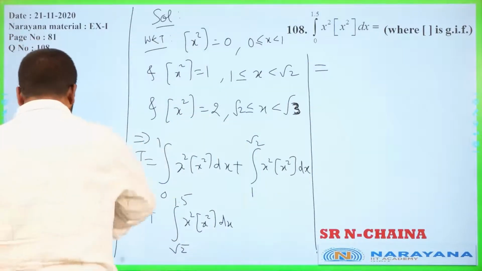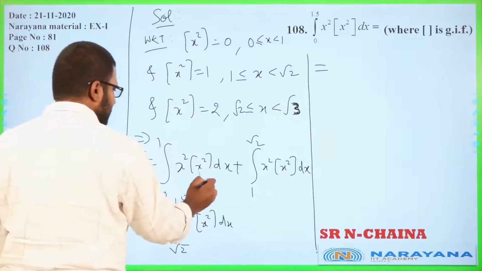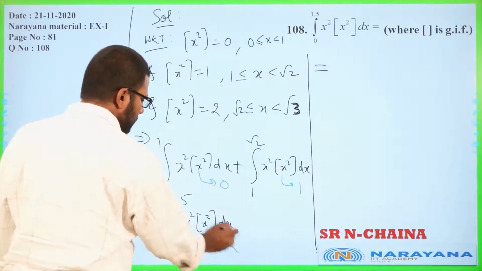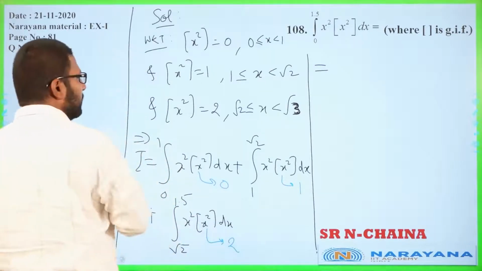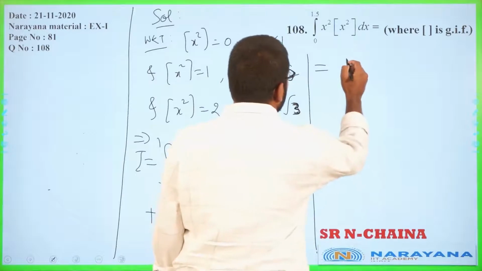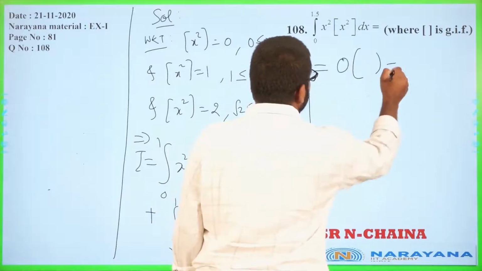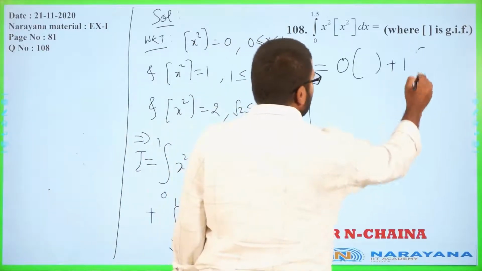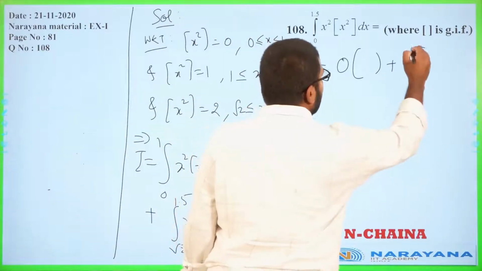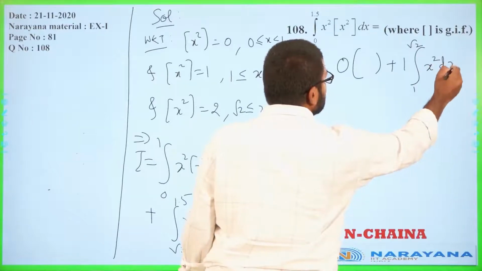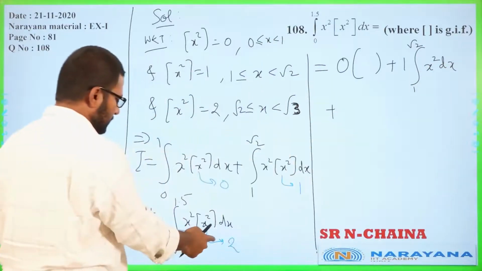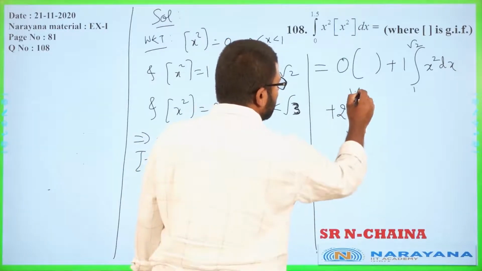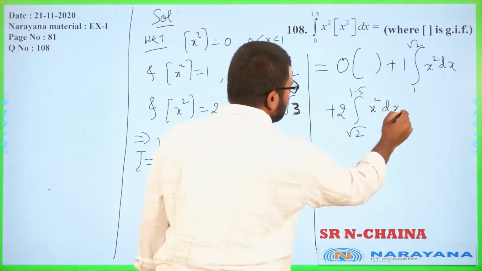Now we know this step of x square value is 0, this value is 1 and this is 2. Therefore, I is equal to 0 into some terms, plus 1 integral from 1 to root 2 of x square dx, plus 2 integral from root 2 to 1.5 of x square dx.